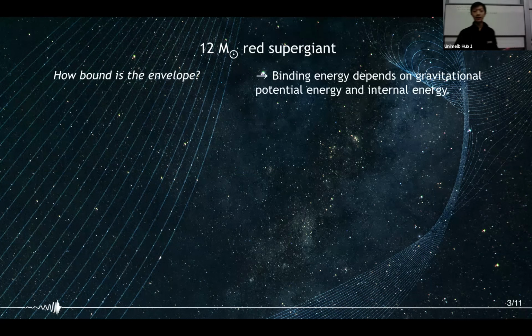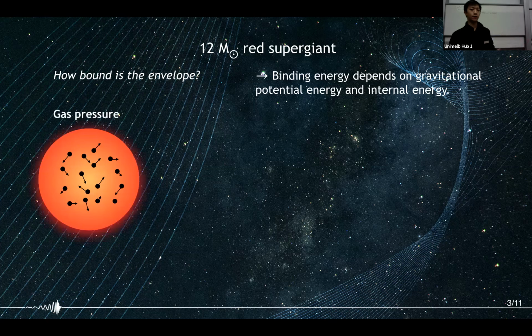We can do that by looking at the binding energy of this envelope. And that depends on both the gravitational potential energy of the envelope and also any other possible internal energy in the envelope. So the anticipation is that part of this internal energy could be converted into the kinetic energy of this envelope that helps it be ejected from the system.